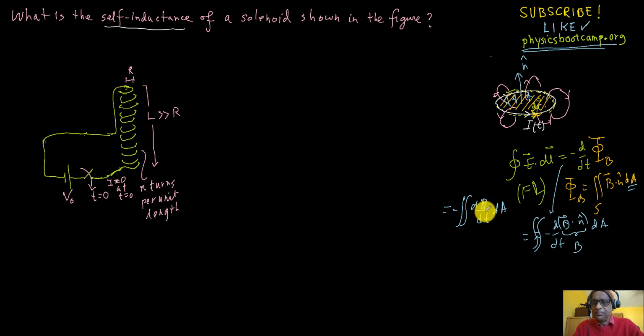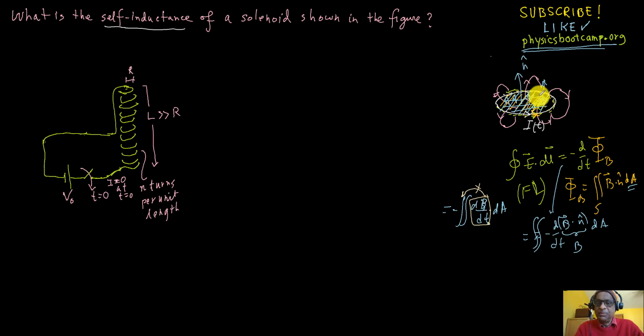In this particular example, this dB/dt will be different in different areas, so I can't take it out of the integral. The way you do the area integral is you divide into small areas, n hat dA.